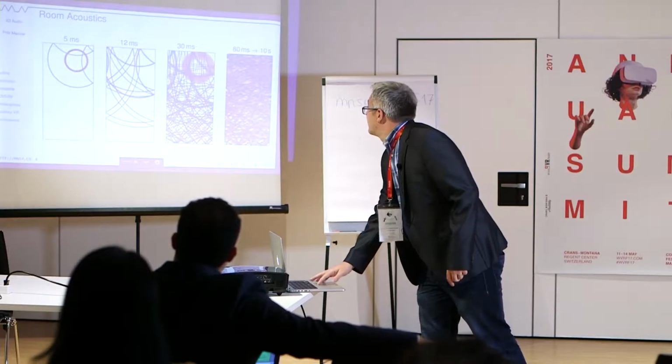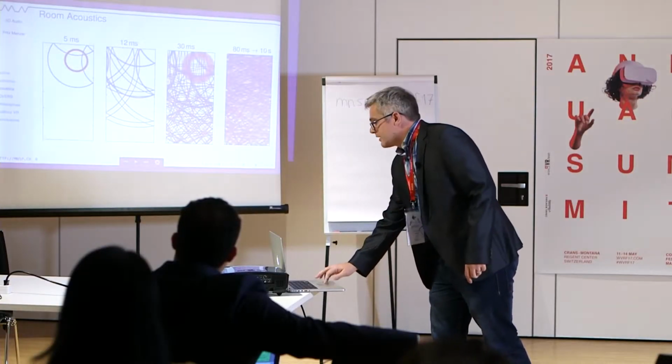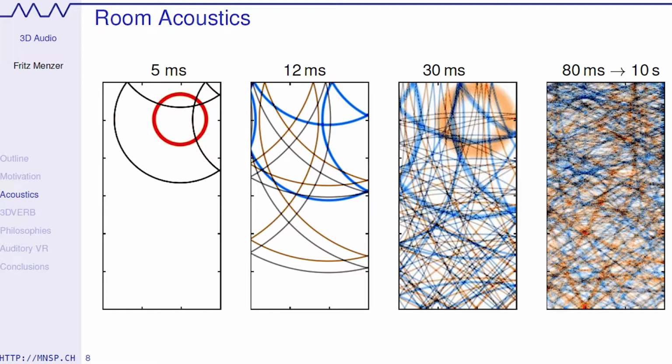Let's go to room acoustics. So if you have a sound source that emits a signal, I hope I can, I don't know, it doesn't seem to work, but well, look at the left side of the slide. You see there basically a black circle that is already reflected on some walls.